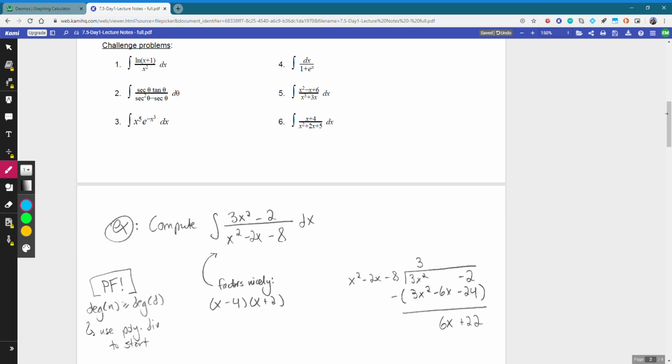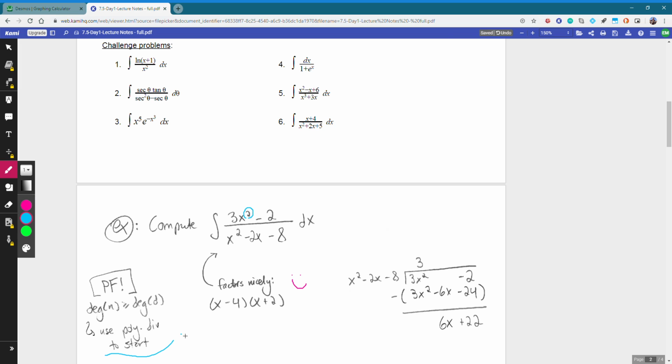So here are the notes that we've been talking about so far. We do need to use polynomial division to start because the degree up top is equal to or greater than our denominator's degree. It does factor nicely, which makes us happy. But here we go.